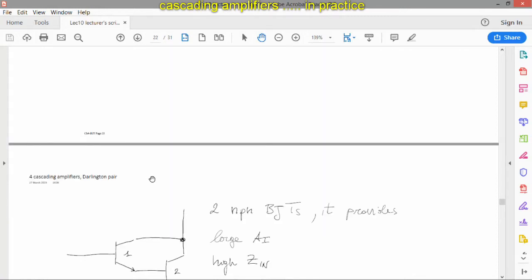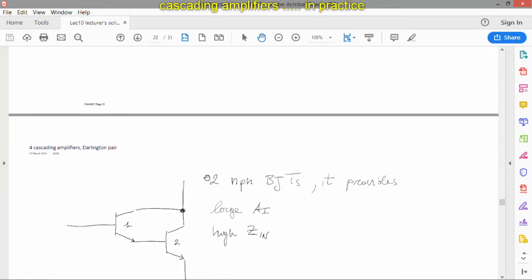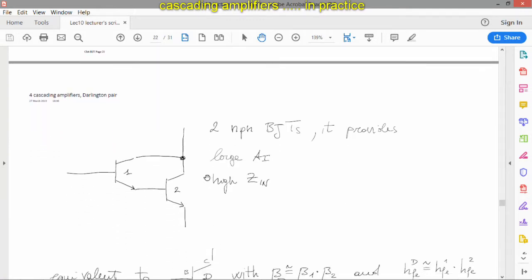So, interesting things, still under the umbrella of cascading. There is this very nice application that is called the Darlington pair. This is really a clever idea of putting together two, in this case NPN, transistors in this way. So you can see that the collector current in stage one is effectively fed into the base of the second stage.